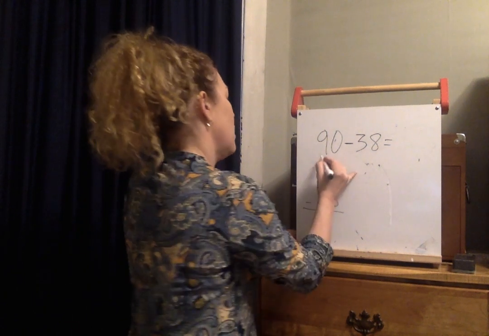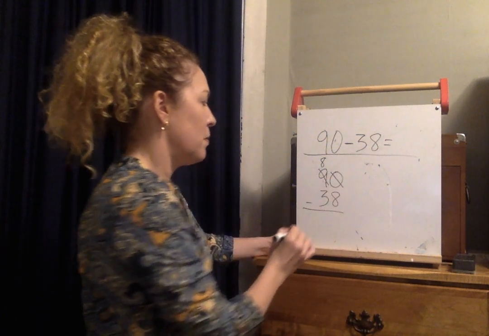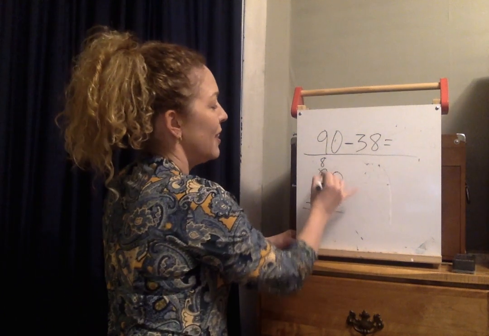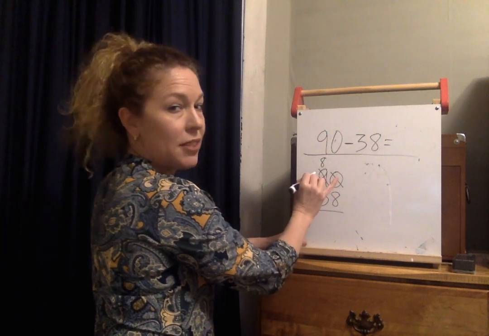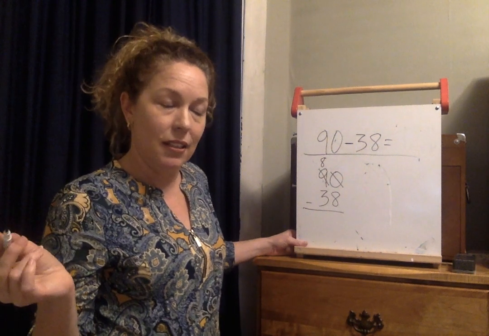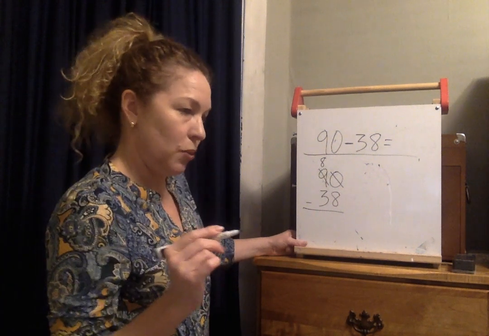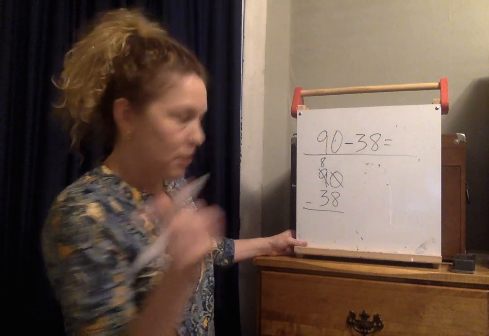That's right, 8. 8 tens, and I took 10 ones. 1 ten or 10 ones, same thing, right? And I'm going to add it to 0. So 0 plus anything is the number that you're adding to it. So 10 ones plus 0 is 10. Very good.